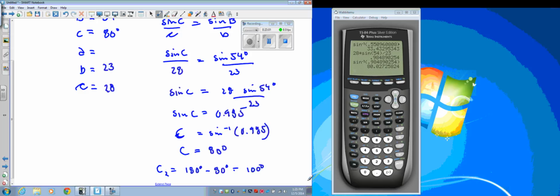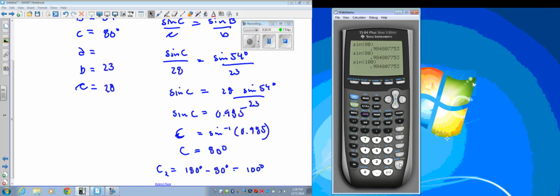Just to show you, I should be able to get this number right here by doing sine of 80. See, if I do sine 80, I get that number, right? And if I do sine 100, I get that number.